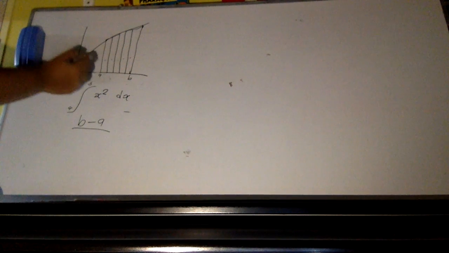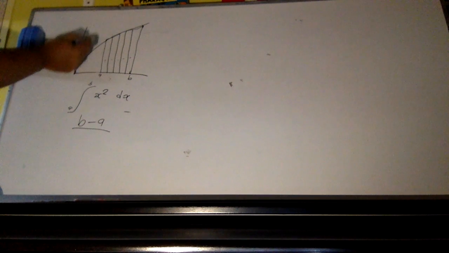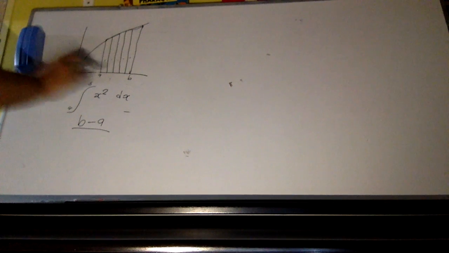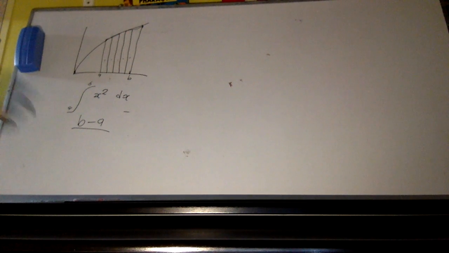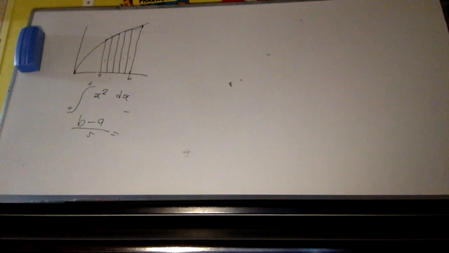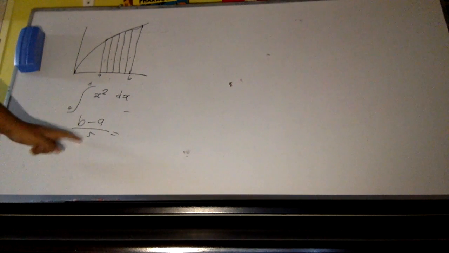So here it could be 1, 2, 3, 4, 5 intervals, but it's 6 ordinates, whereas 1, 2, 3, 4, 5, 6 lines. So that's the difference. If they say ordinates, you have to minus 1 to get the number of intervals, but if it's just intervals, just stick with it. So you'll put 5 at the bottom, and then you'll get your value.